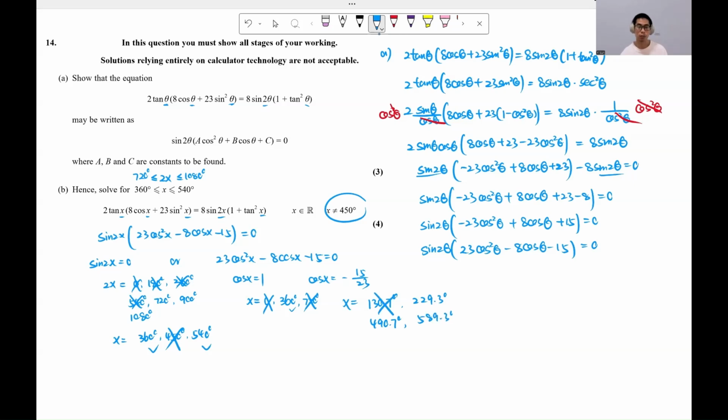So 589.3 is outside the interval, and only 490.7 is inside. So the final answer is x equals 360, 540, and 490.7 degrees. Three solutions in total.